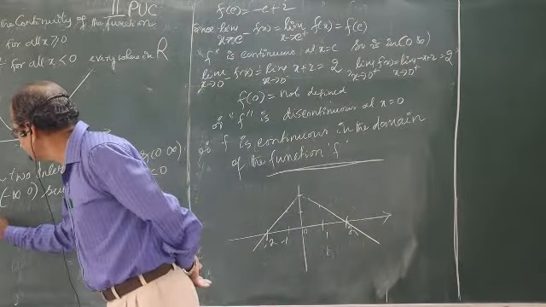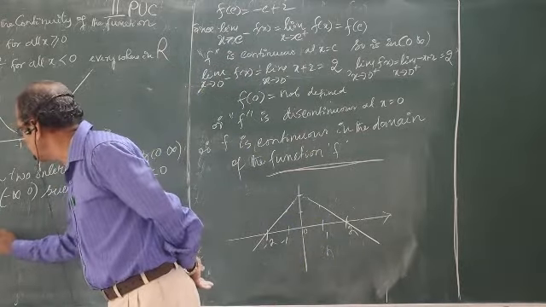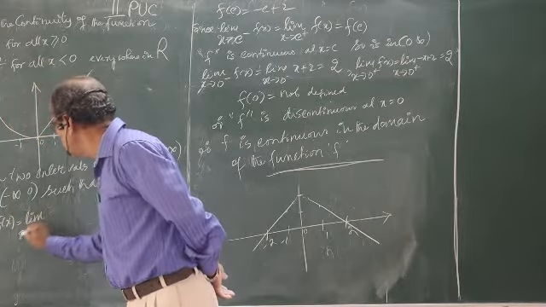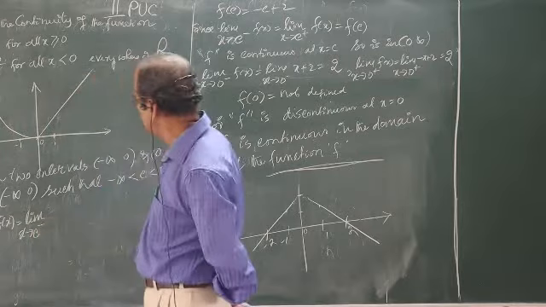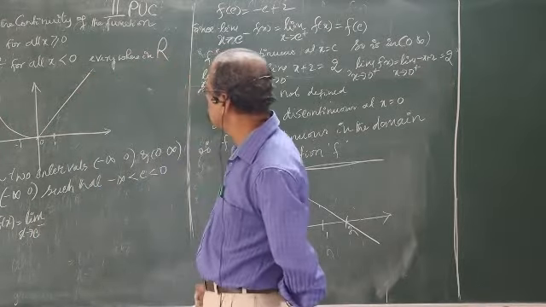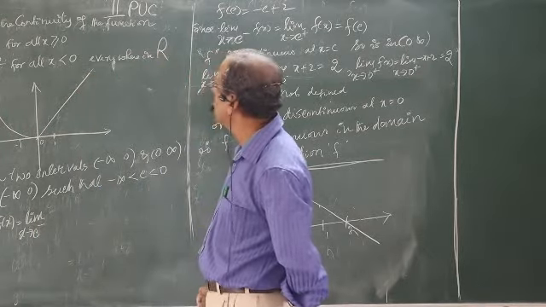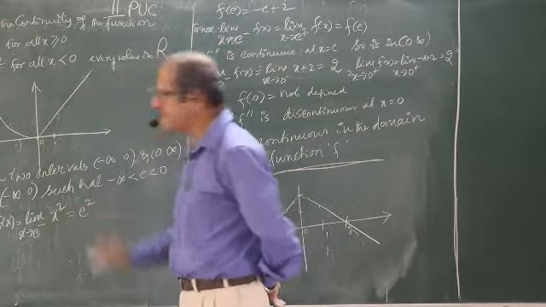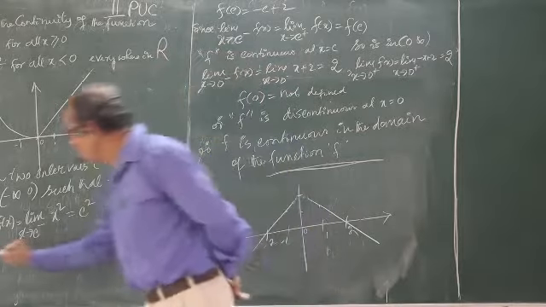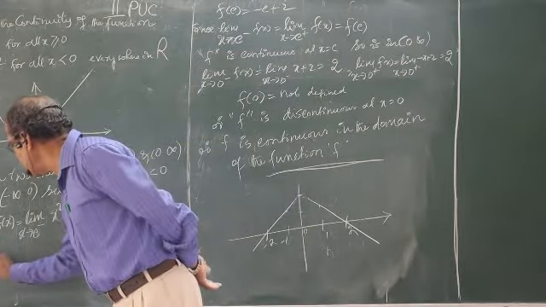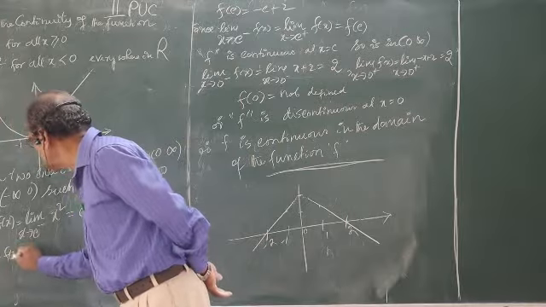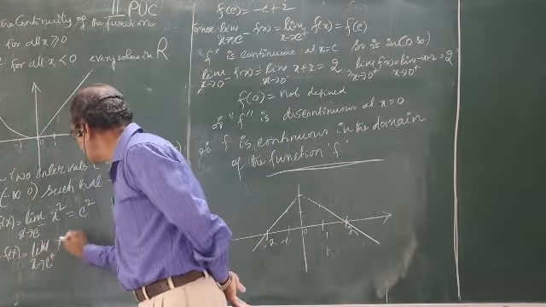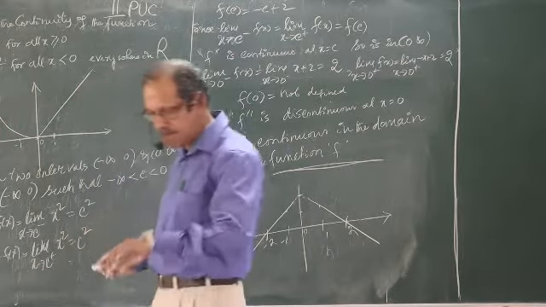Limit x tending to c minus of f of x, for x less than 0, is x square, so it is c square. Limit x tending to c plus of f of x, the same equation, c square.